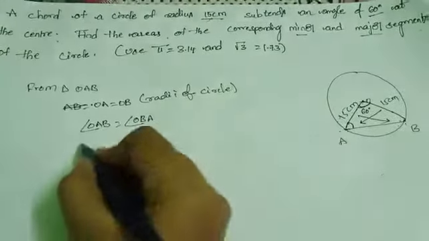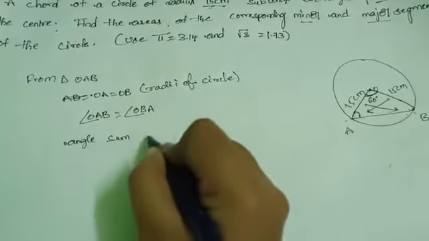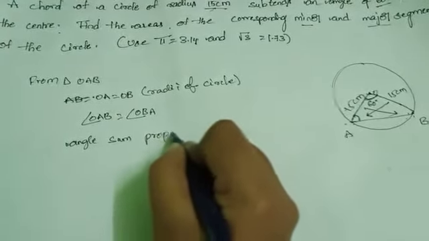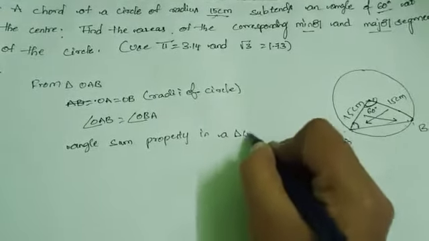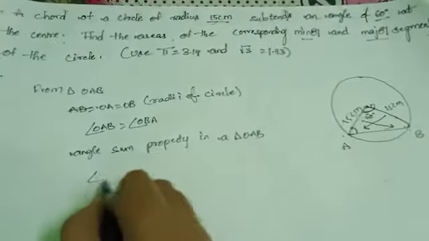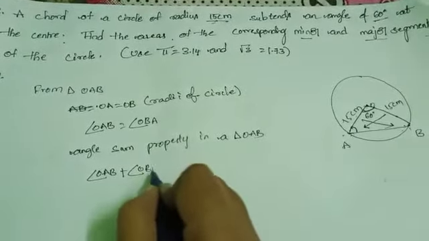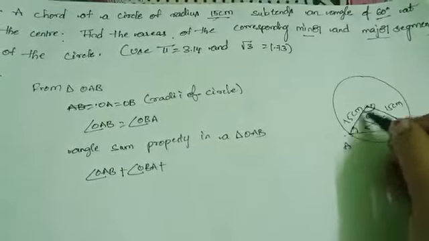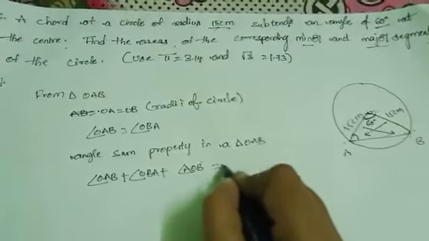Using the angle sum property in triangle OAB, angle OAB plus angle OBA plus angle AOB equals 180 degrees.